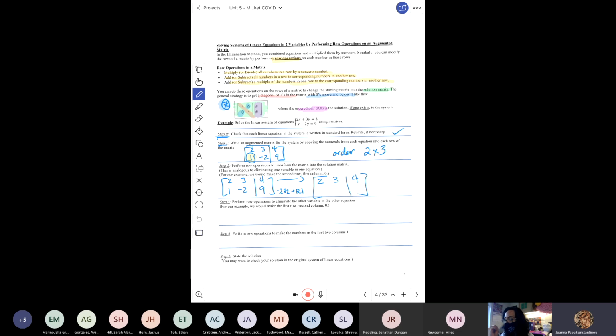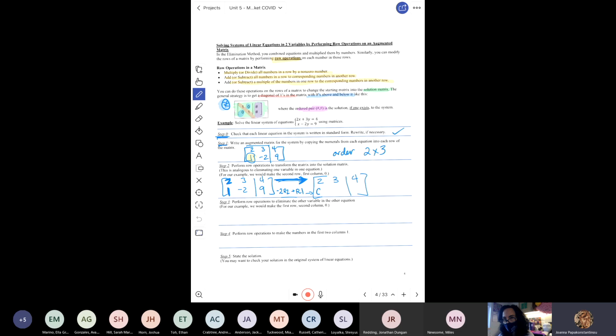I'm writing the operation instead of doing an arrow. The arrow means I'm not changing anything. If I have a row operation, I know what my new row is going to be. It's going to be a result of performing this operation. So -2 times row 2: negative 2 times 1 is negative 2. Negative 2 plus 2 is what?